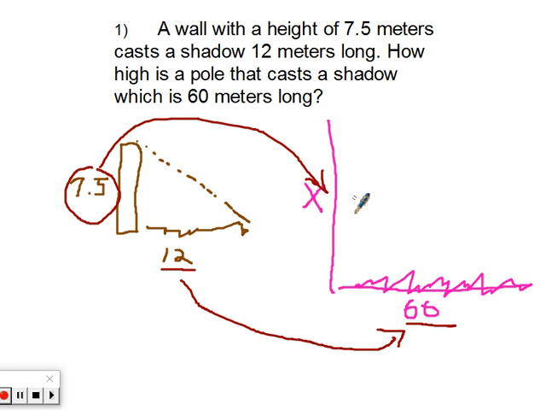So now we set it up as a proportion. 7.5 over X equals 12 over 60. Now we have talked about how you should simplify every time that you can.